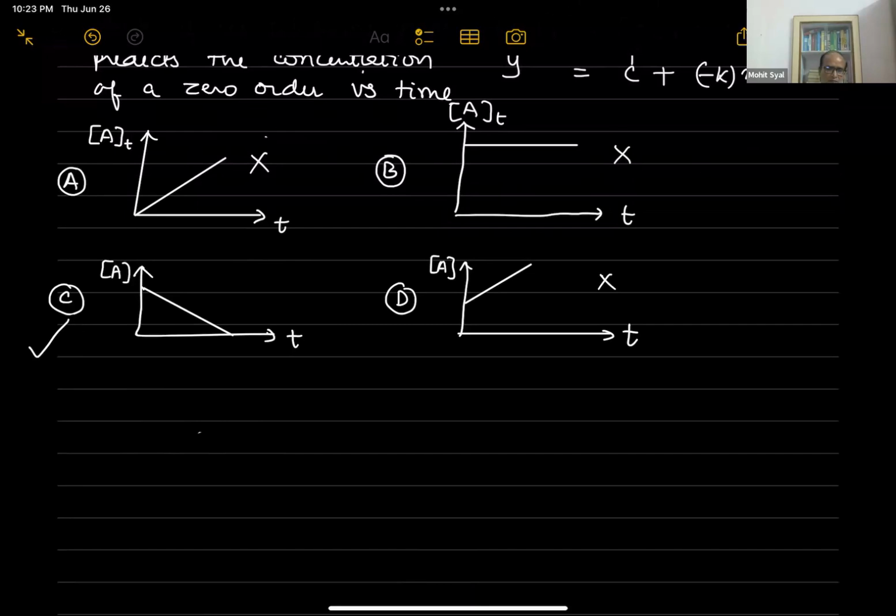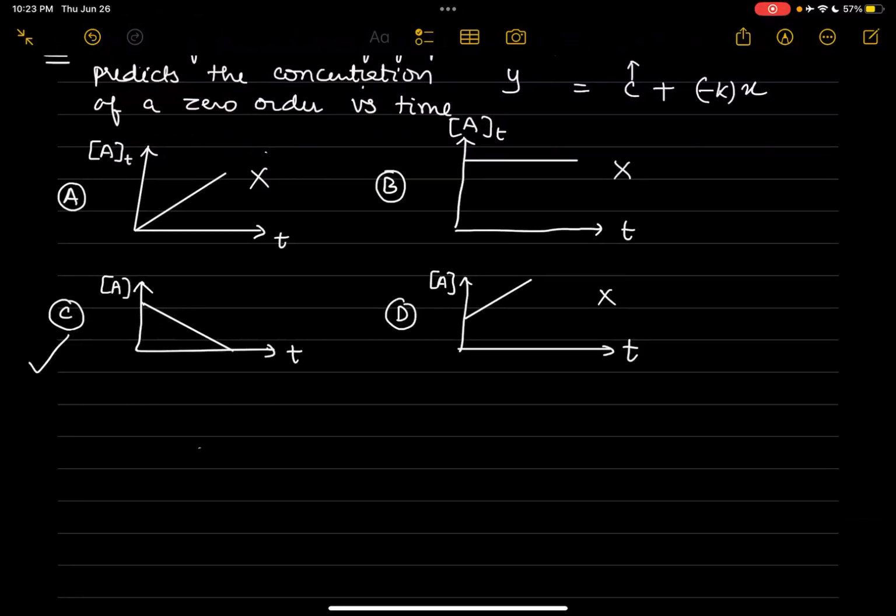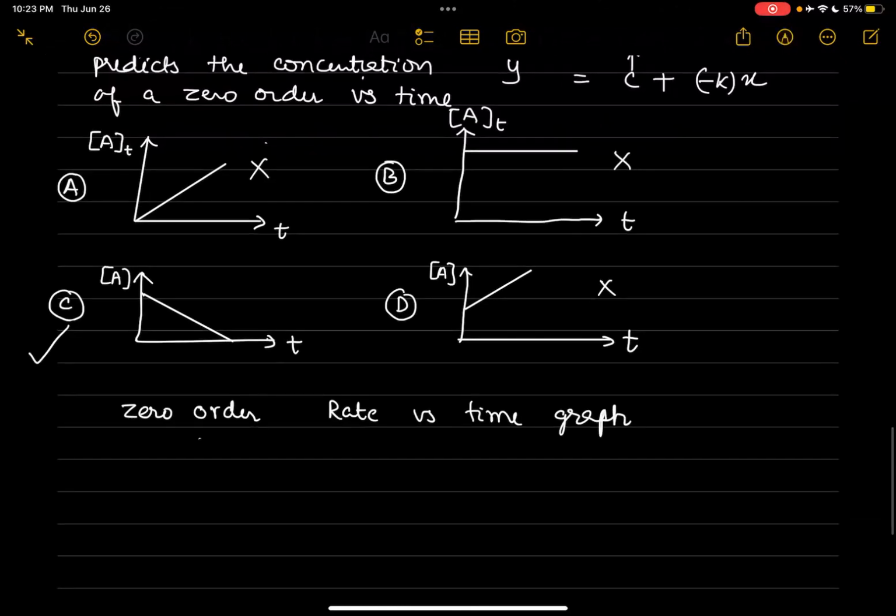So what is the graph for the rate of the reaction? How can you compare the rate of the reaction with time for a zero order reaction, and how will it look? Ibrahim, Jasleen, Jovita, tell me.